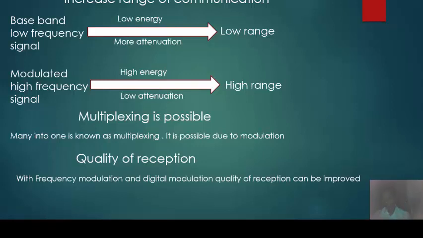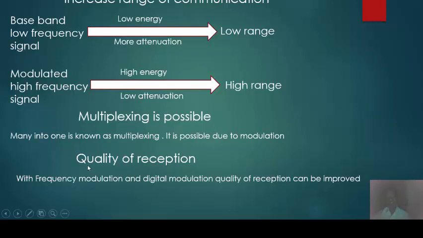In this way, a number of frequencies can be sent from one place to another place, and they can be separated on the other end of that cable, and this is only possible due to the modulation process. Multiplexing is possible, meaning a number of signals can be sent with the help of the same cable, and that is known as multiplexing.